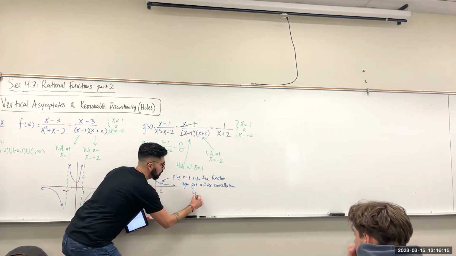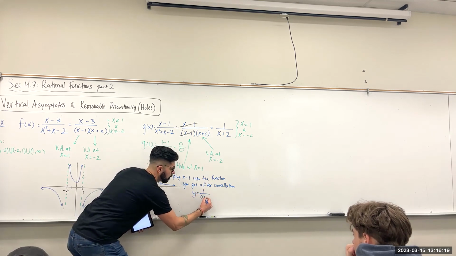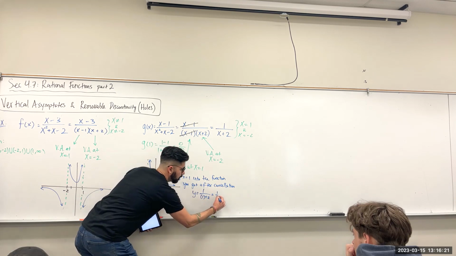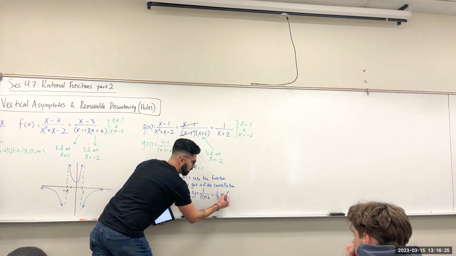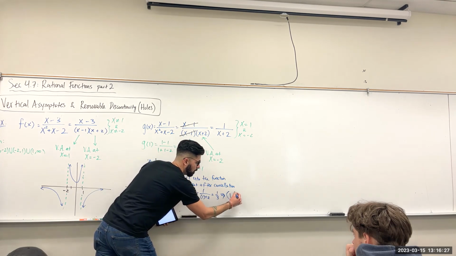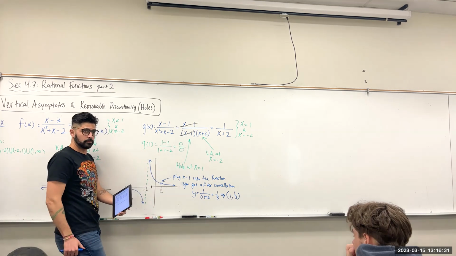So then y is going to be 1/(1+2), which gave you that 1/3. So now you know your hole is going to be at (1, 1/3). So then you would draw your hole right there.